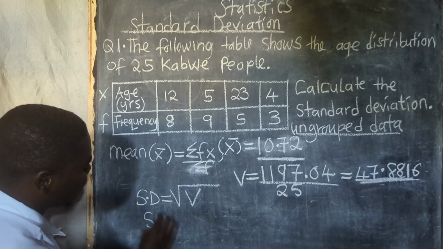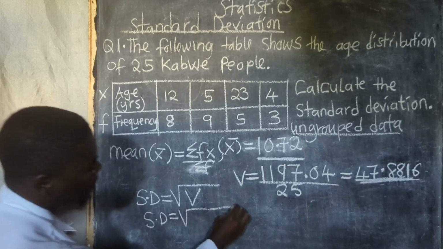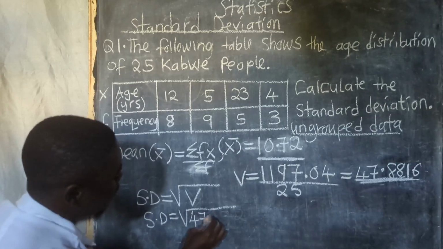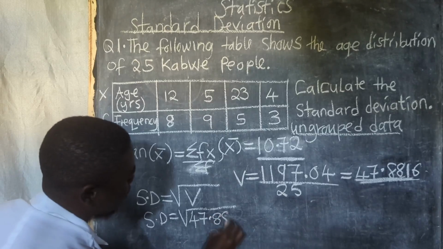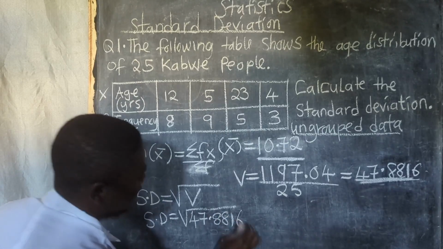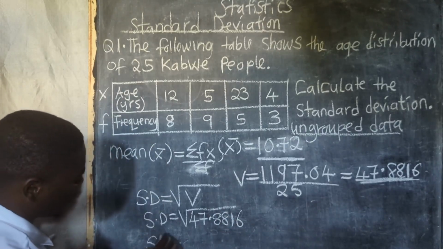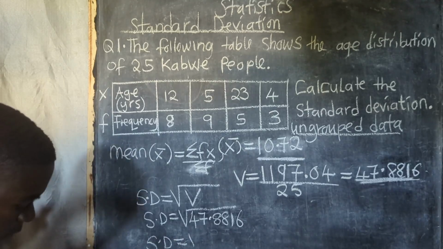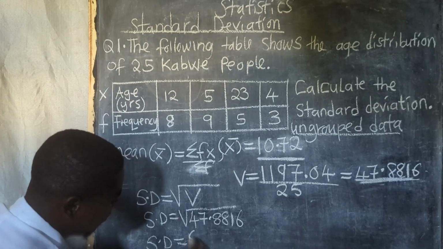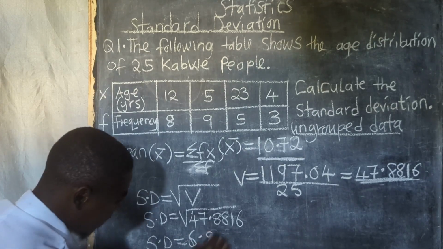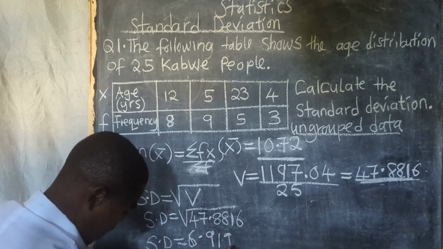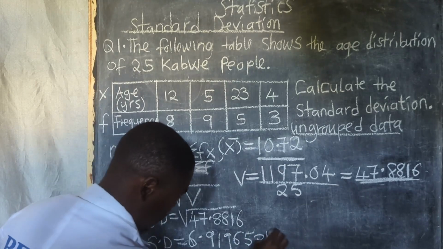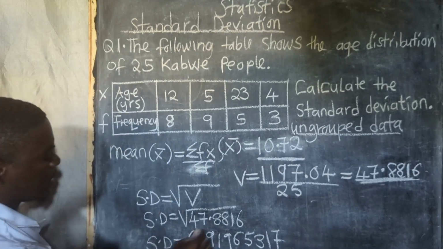The variance is 47.8816. Therefore the actual answer now, when you do your calculation, is 6.91965317. This was the standard deviation.